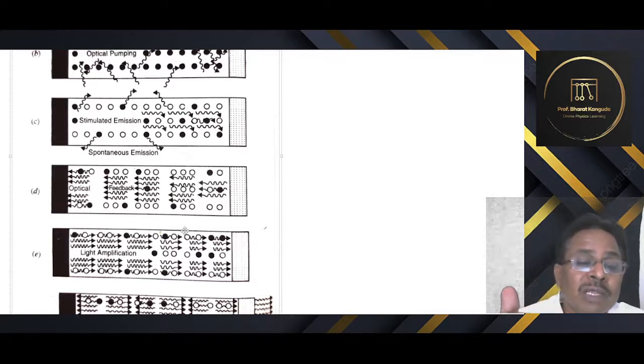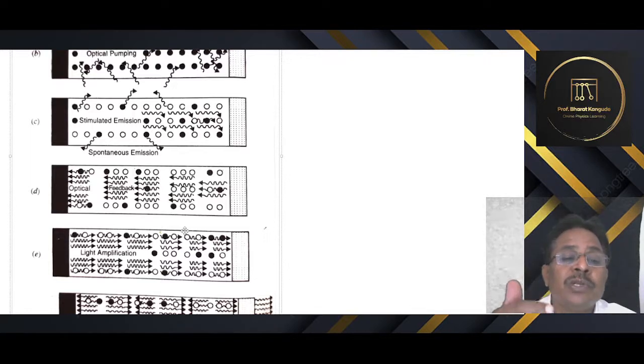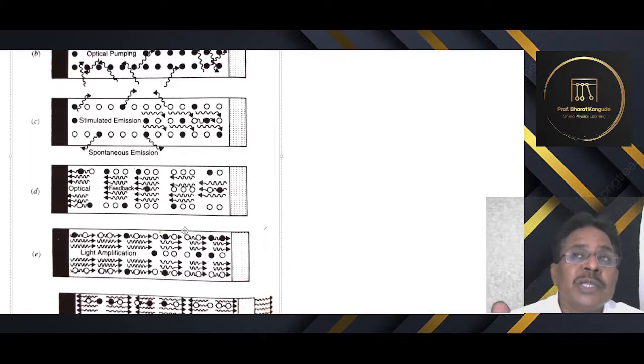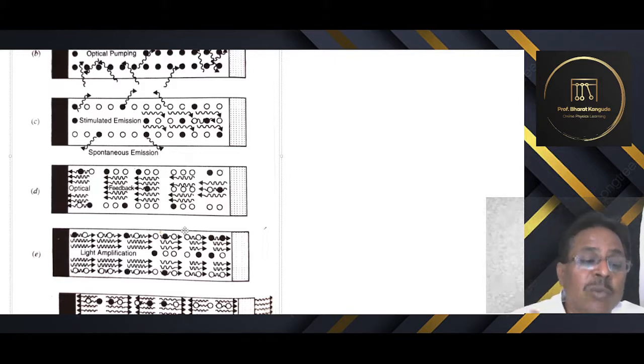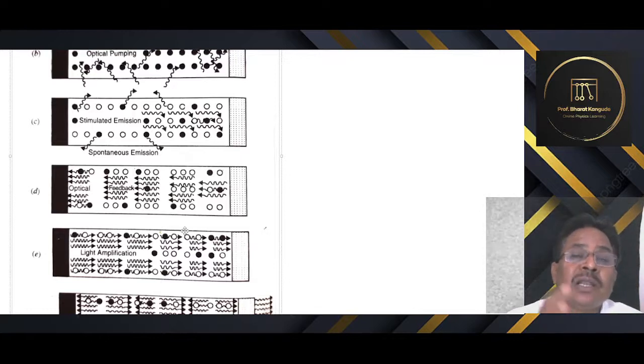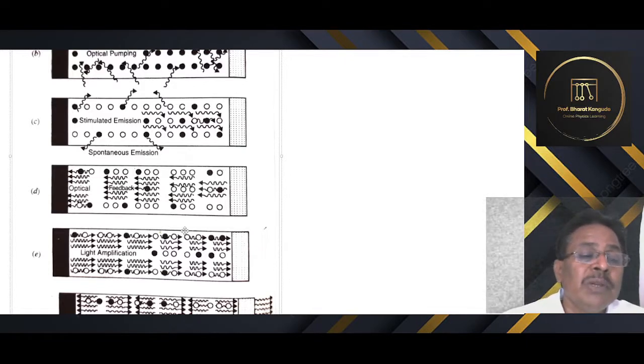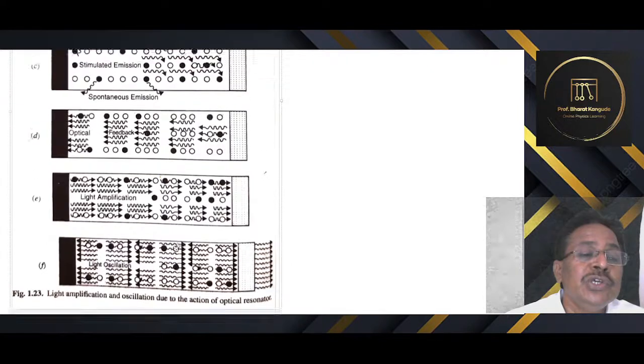If 10 photons are coming from mirror 2 to mirror 1, they are going to carry out stimulated emission on a large scale, so this number is going to increase. That is the operation of amplification. All these photons will reach the mirror on the left hand side, which is a perfectly reflective mirror, and therefore this number goes on increasing, and that's the process of light amplification shown by diagram E here.